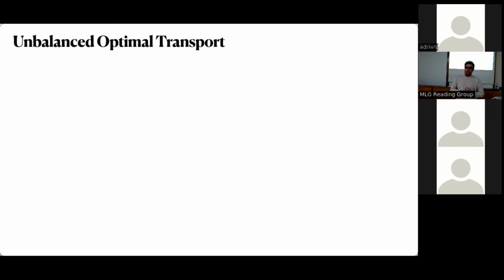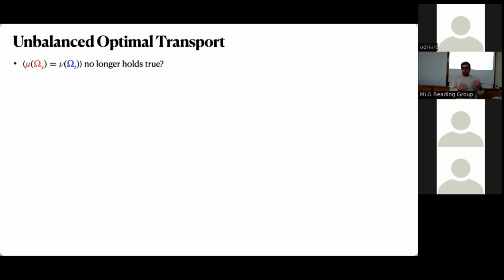You could think about semantic segmentation, where you're trying to map an image and labels to the pixel values at each location. And there's no reason why all of these need to be normalized probability measures. As long as they're non-negative measures, can you augment optimal transport in some way to get a solution that works really well?